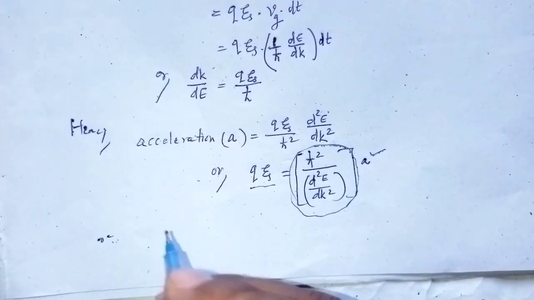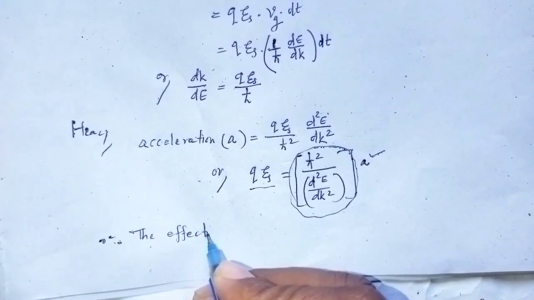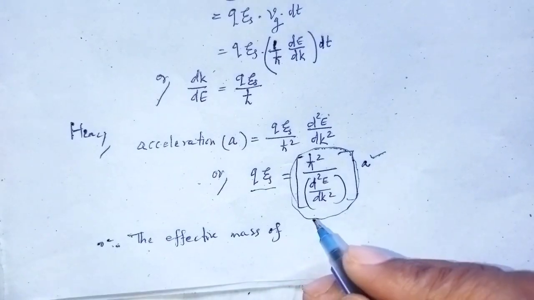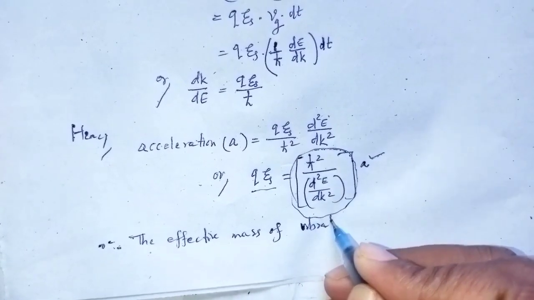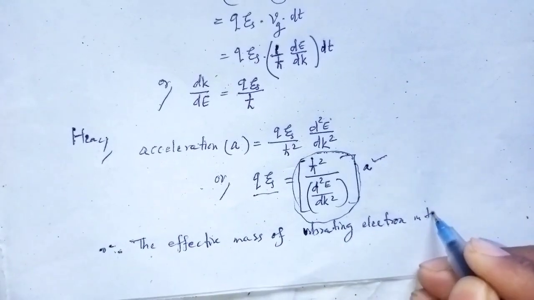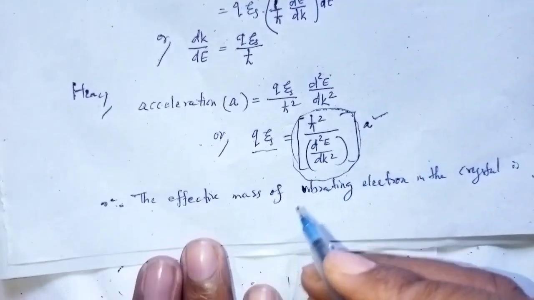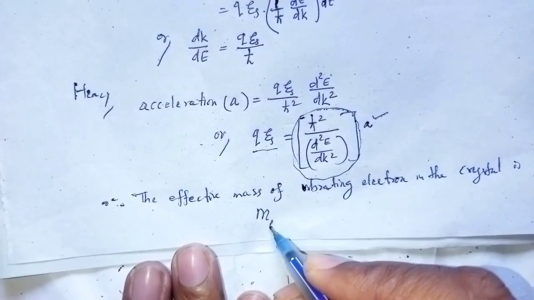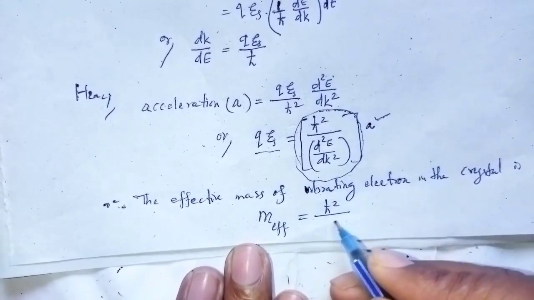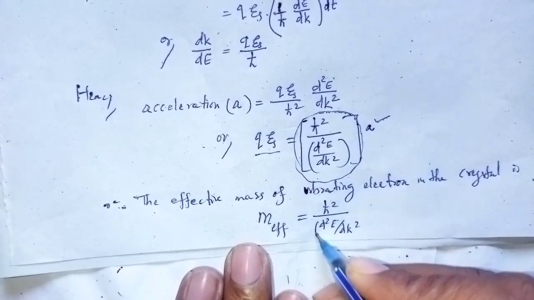Therefore, the effective mass of the vibrating electron in the crystal is, effective mass m effective of that vibrating electron, which is equal to h cut square divided by d square E by dk square.